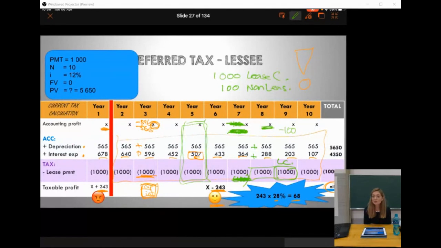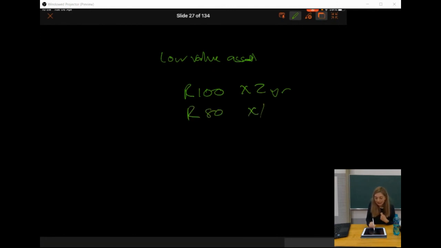Okay, if the lessee applies the recognition exemption for short-term leases or low-value assets, will there be a deferred tax effect? Or will the tax and the accounting treatment be the same? You will see now when you look at class example 7, if we have a low value asset lease, and our lease payments are 100 Rand in the first 2 years, and then 80 Rand for the next year, and 70 Rand for the last year.